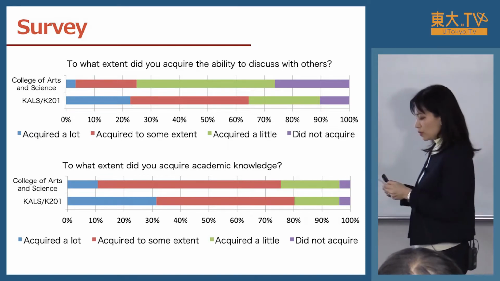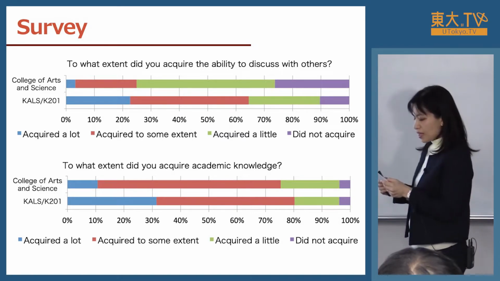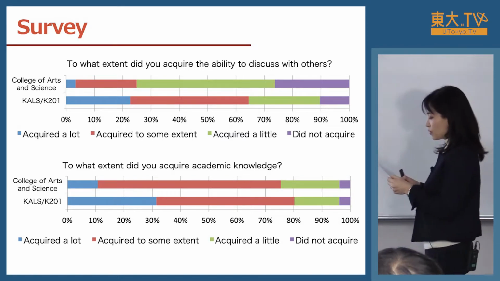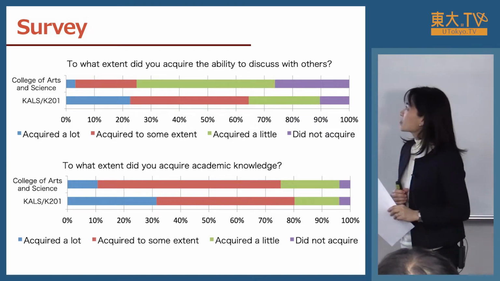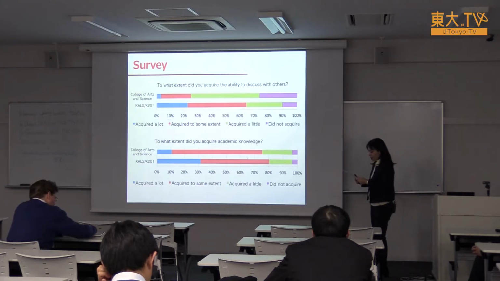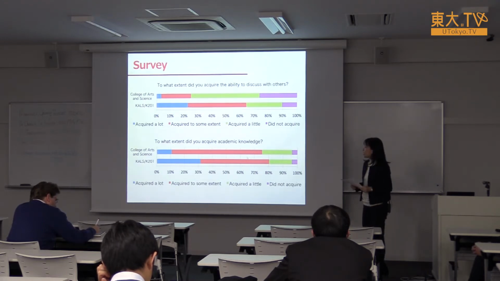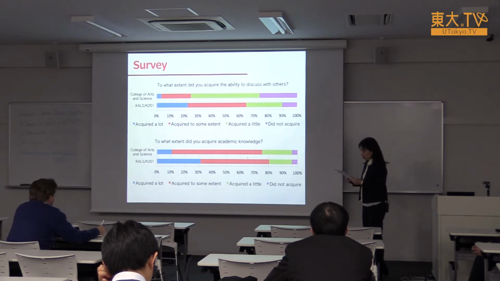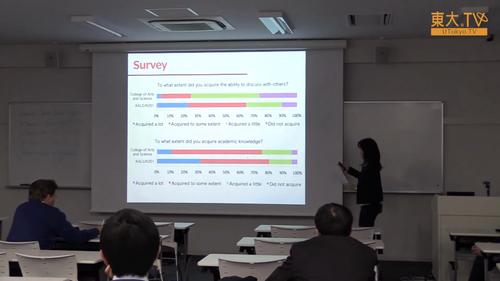These graphs show the results of the comparison. The first graph shows the response of the students to the question, to what extent did you acquire the ability to discuss with others? When we combine the responses of the students who say acquired and acquired to some extent, the percentage reached more than 90%.